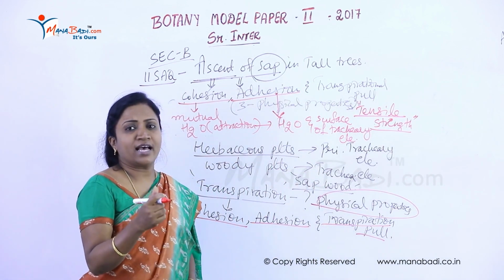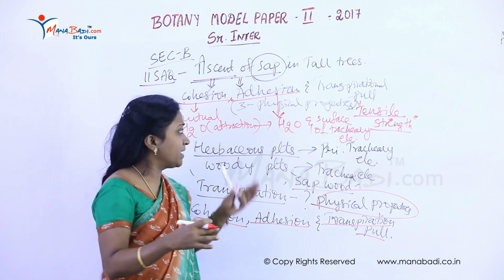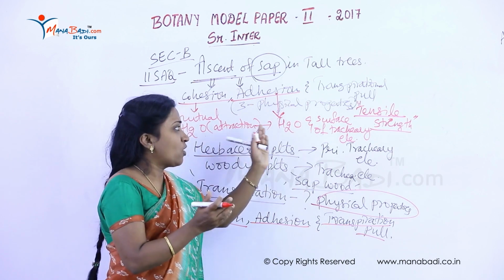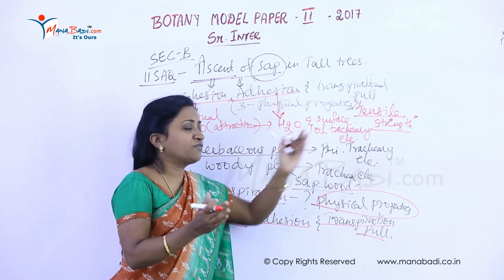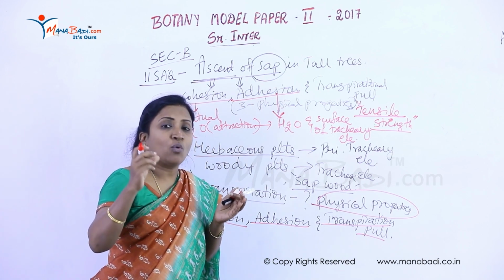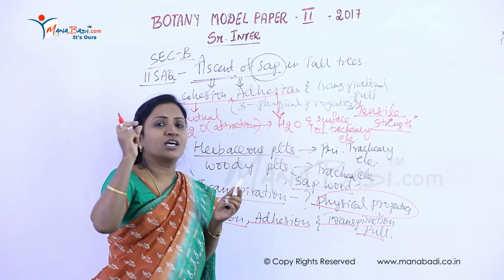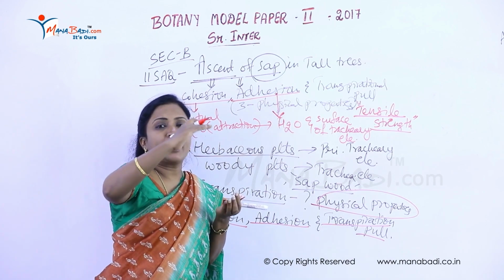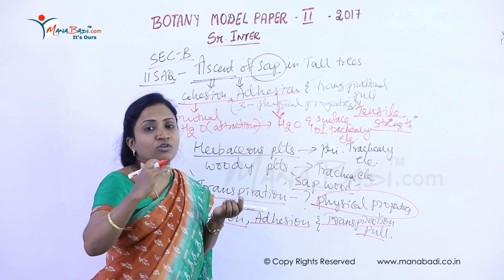Tensile strength is where the water molecules come together and are attracted to the surface of the tracheary elements, which helps move the water in continuous capillary columns without any breaks in between.